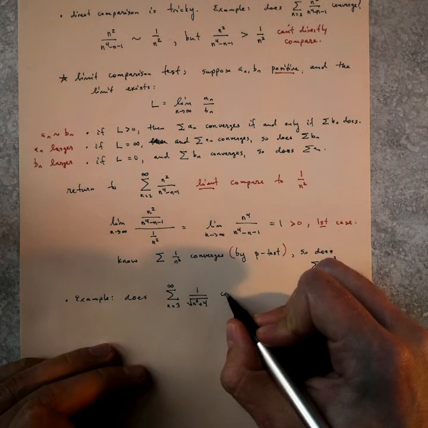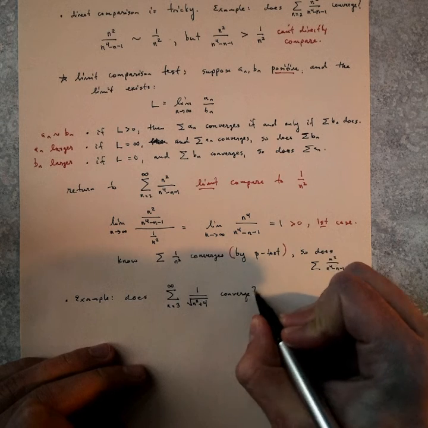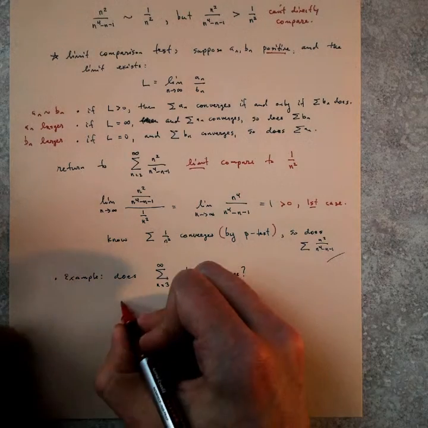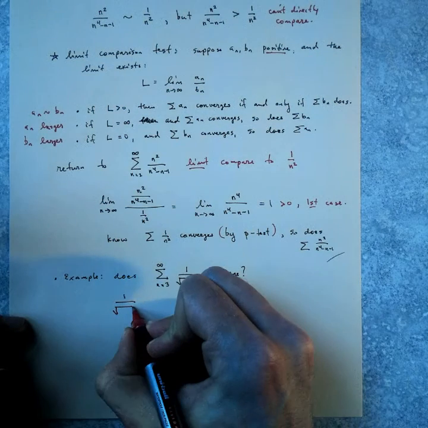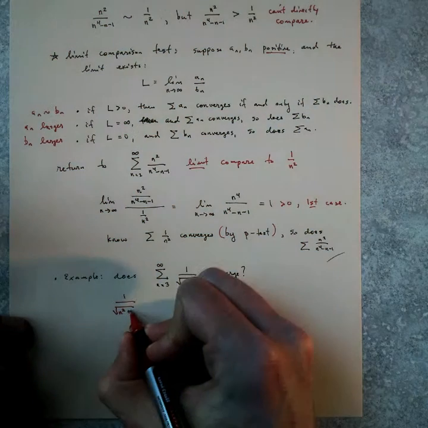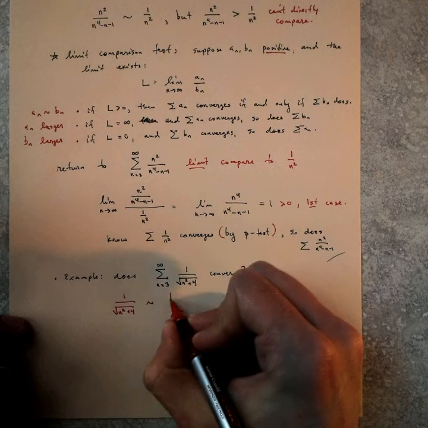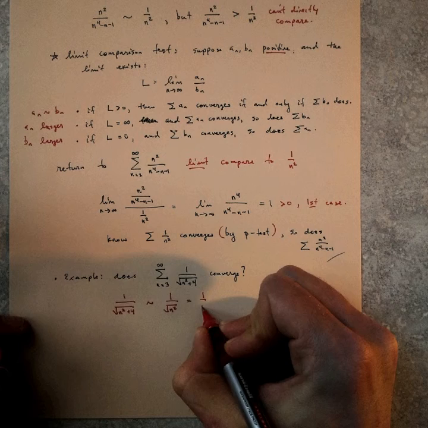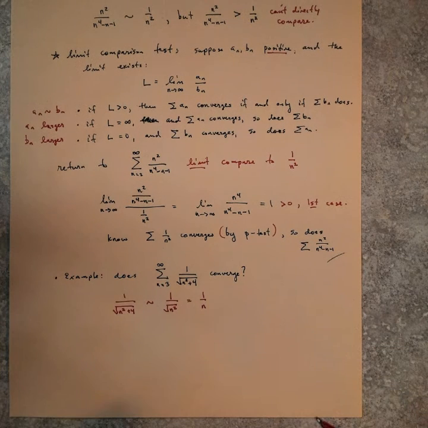So you want to say, does this converge? So to limit compare, you can say 1 over square root of n squared plus 4. That behaves like 1 over the square root of n squared, which is 1 over n. So that's your guess for what you should compare to, right?